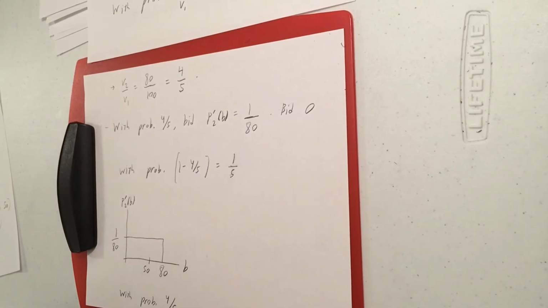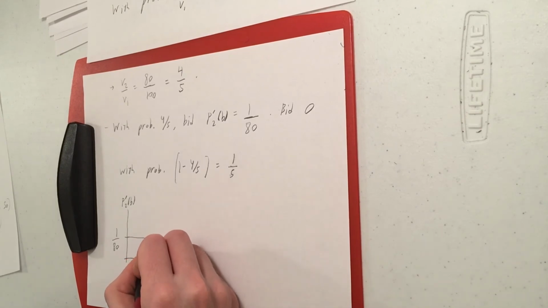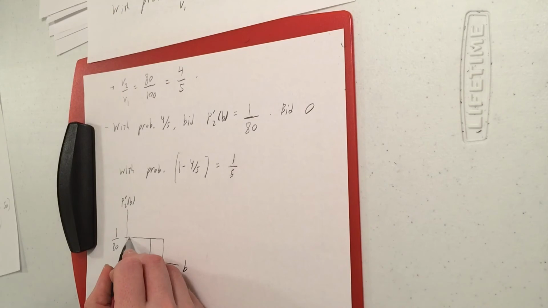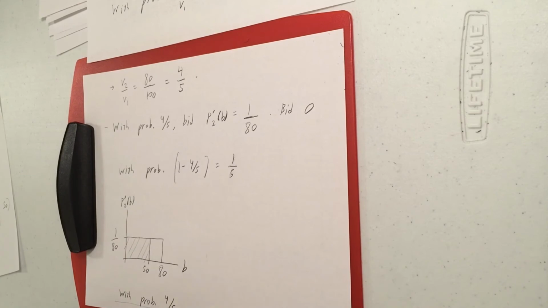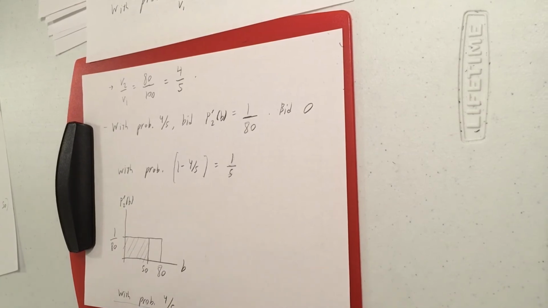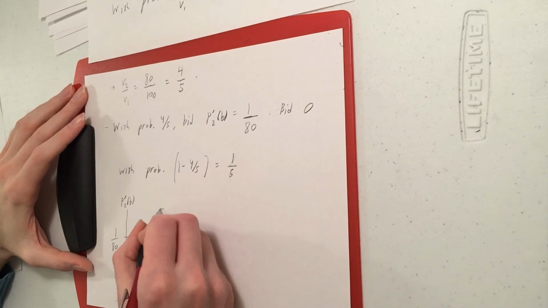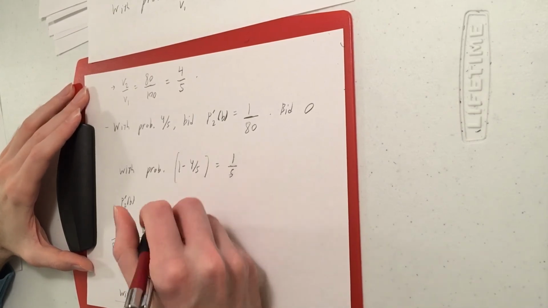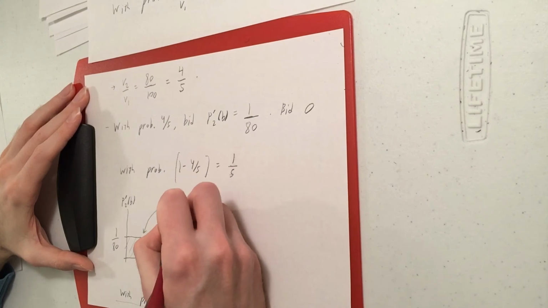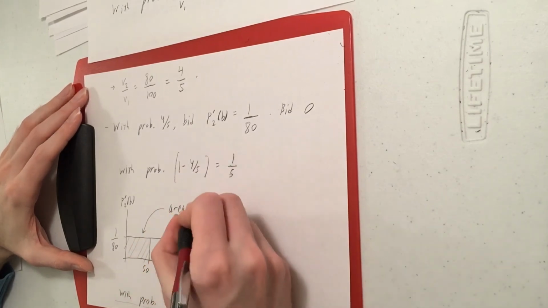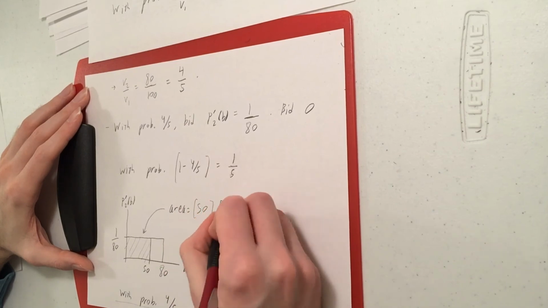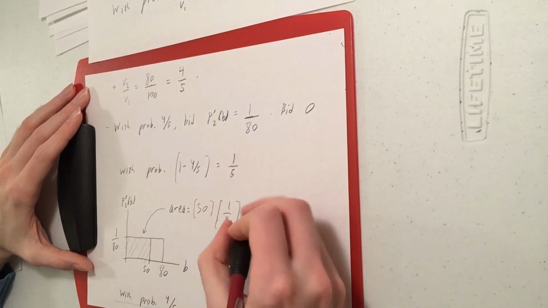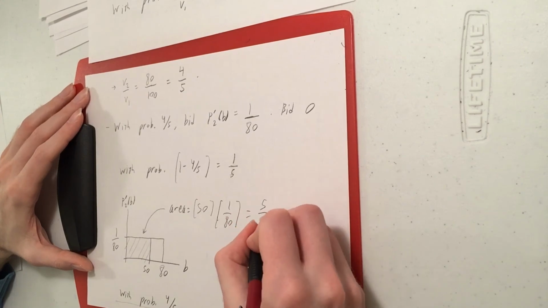Because you're looking at P prime, not P, looking at a PDF, not a CDF, the probability is going to be the area under that rectangle below 50. So that'll be this box. Again, that'll happen with probability 4/5. So as usual, base times height, area is going to be 50 times 1 over 80, which comes out to 5/8.